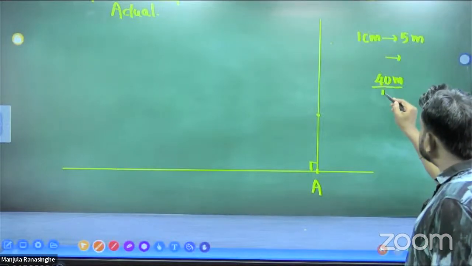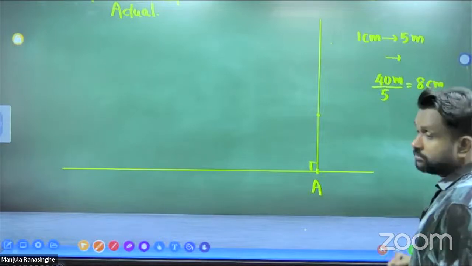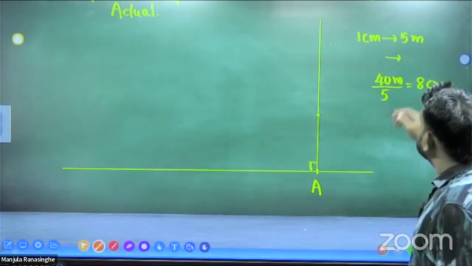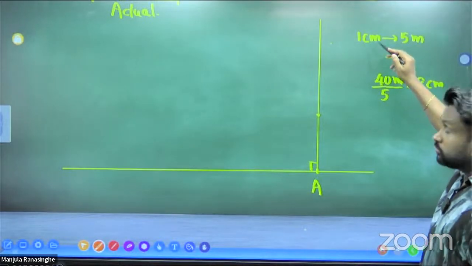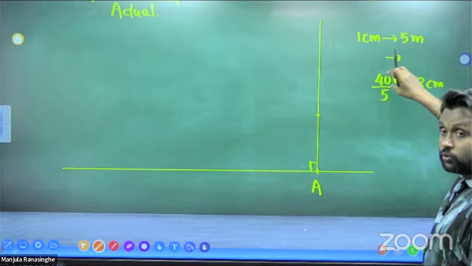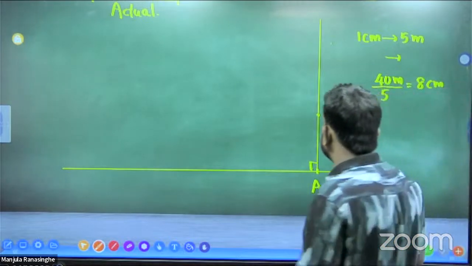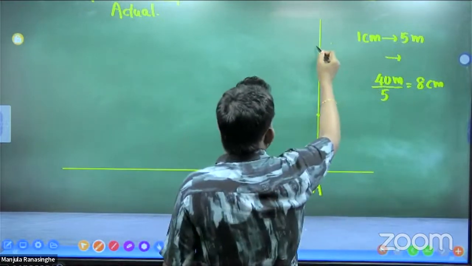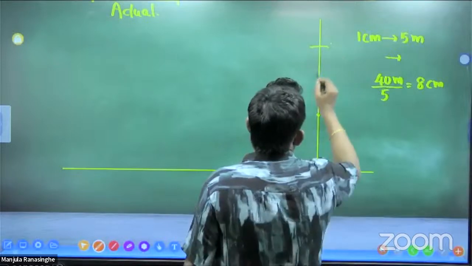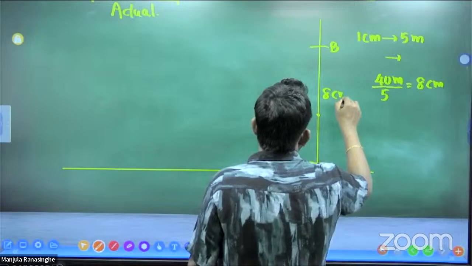Just divide 40 by 5, and that is 8 centimeters. How did you decide? For 5 meters distance, you draw only 1 centimeter. So how many 5 meter parts are in 40? 8. So draw 8 centimeters there. Then you measure 8 centimeters from here to here and mark the arc, and mark this as B. So this is 8 centimeters.